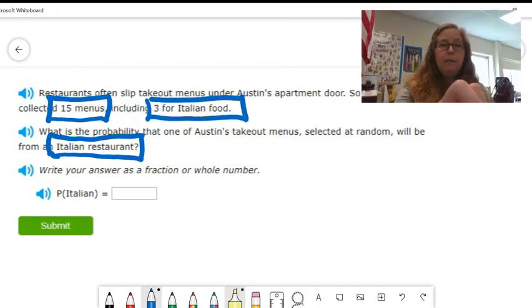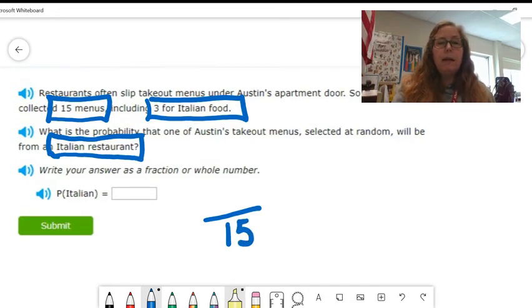So you can see I identified the important information in the word problem. Of the choices here, the total number of possible menus that he could choose from is 15. So that's the possible outcomes on the denominator. And the ones that would be our desired outcomes, the ones we're looking for, are Italian. That would be our 3.